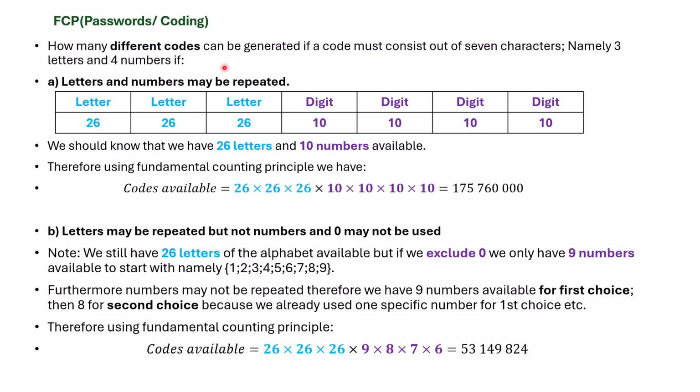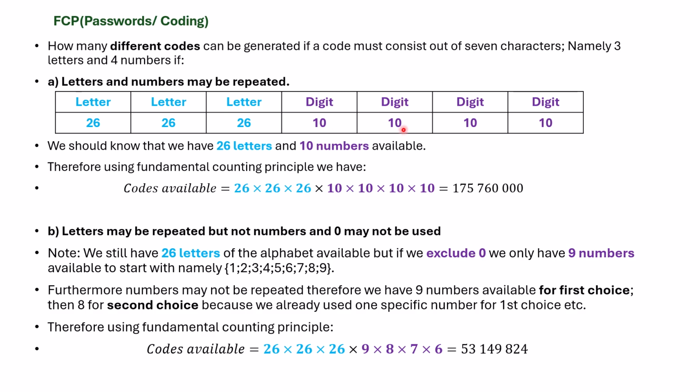So again, 3 letters and then 4 digits. If I had to make a code, I have 26 letters available, maybe repeated, so I have 26 again, maybe repeated, I have another 26 available. Same with the digits. For the first selection, I have 10 selections available from 0 to 9.